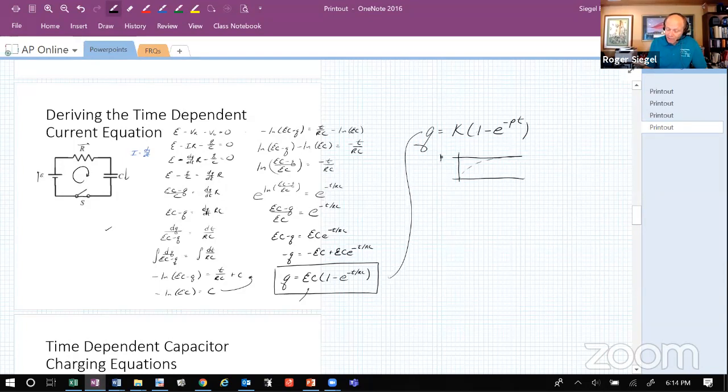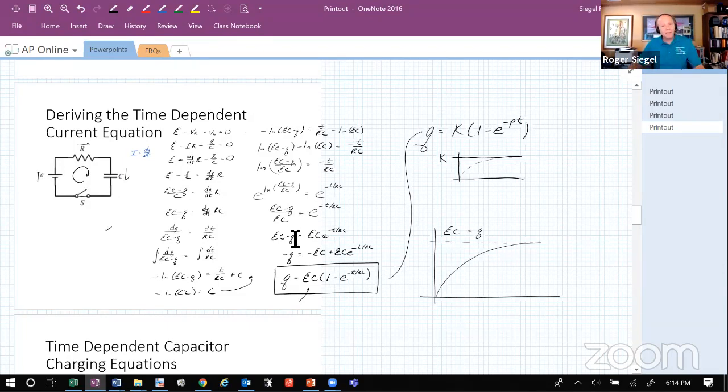And so that value is going to be K. So here we have the charge increasing and exponentially approaching some value that is E times C. And remember, that's our formula for Q for a capacitor, EC.